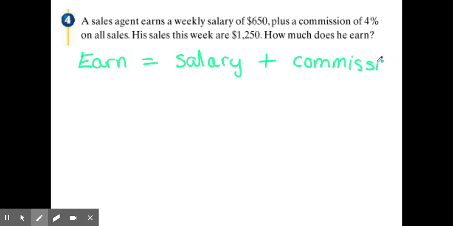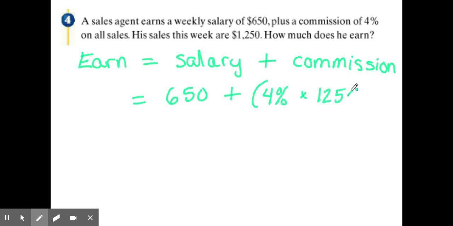Let's see if I can squeeze it in here. Oh, look at that. Well, I know his salary is $650. His commission is 4% of his sales. So I'm going to put that in parentheses. 4% times $1,250.